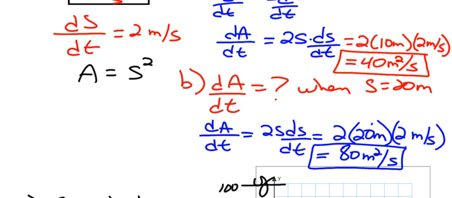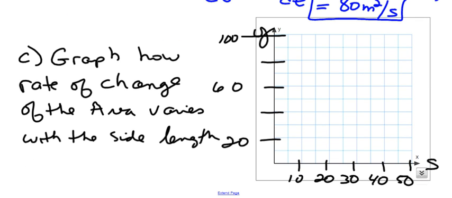Part C, though, said graph how the rate of change of the area varies with the side length. So it's asking you for a relationship. And since it's asking me to graph it, I'm basically going to graph on a Cartesian plane, and remember, all a Cartesian plane is, is the relationship of some x with some y.